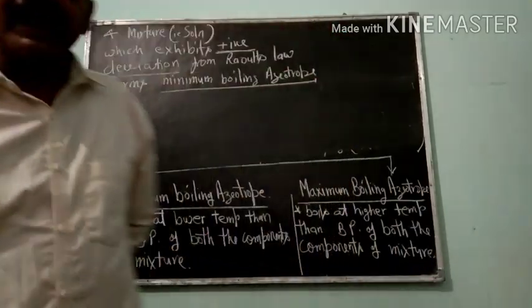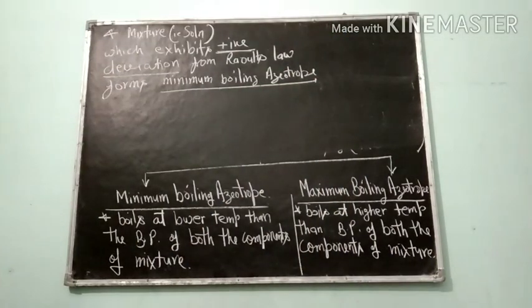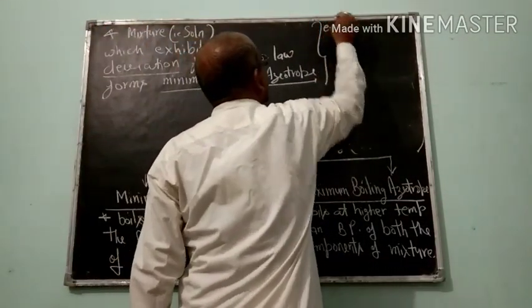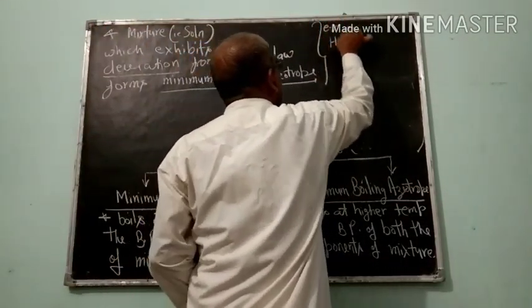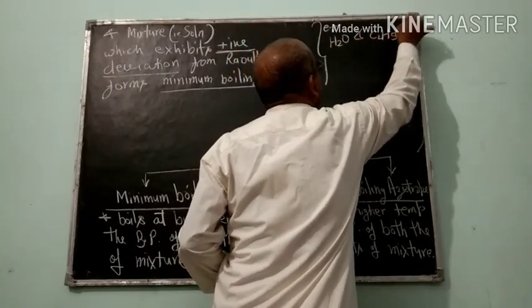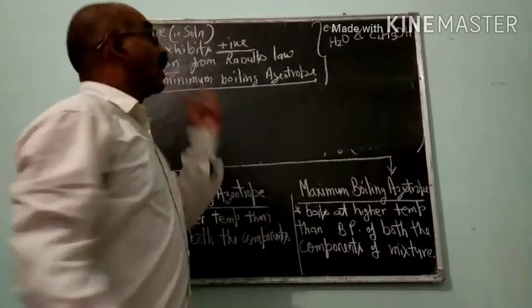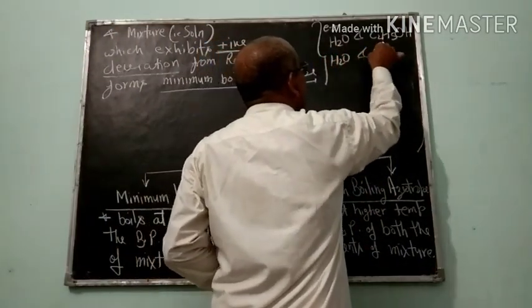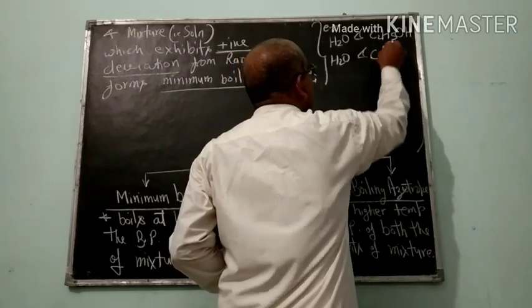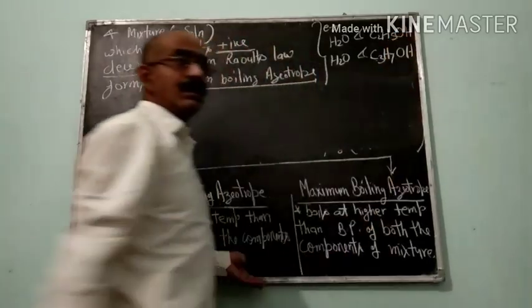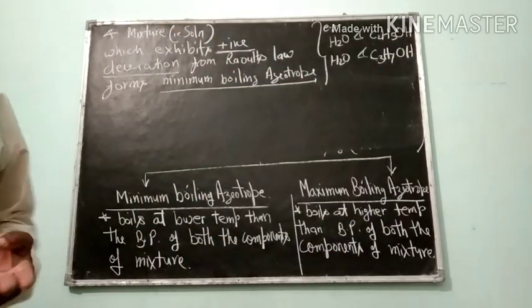Now if we discuss the examples of such solutions, examples are H2O and C2H5OH, or you can take H2O and C3H7OH, propanol. There are other examples also.